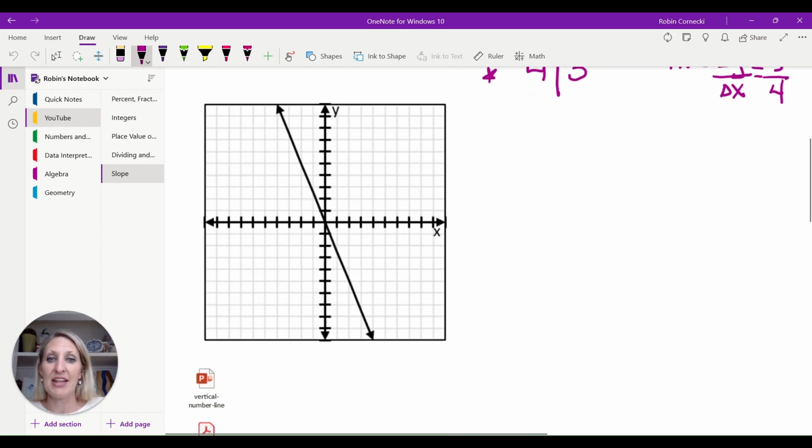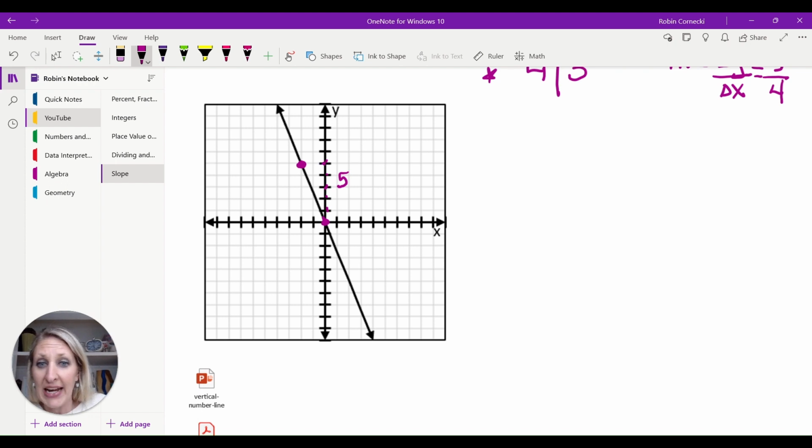All right, let's look at another example. These are all (0, 0) on the graph. Then we'll do another example where I just have two ordered pairs. So we'll use these two points. Again, I'm counting my rise, 1, 2, 3, 4, 5, so I went up 5.